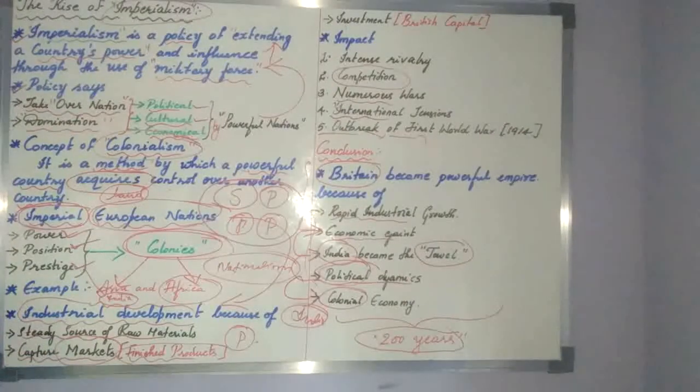So that's about the growth of nationalism and the concepts of the industrial revolution and imperialism, which we have here. Imperialism and the industrial concept led to the growth of nationalism. In the coming classes, you will be studying the growth of nationalism.